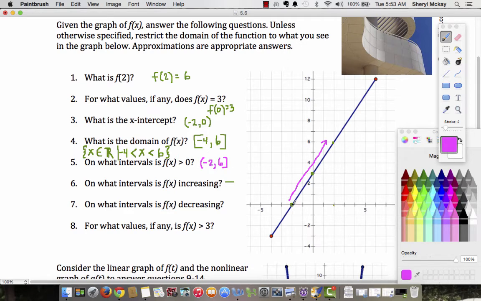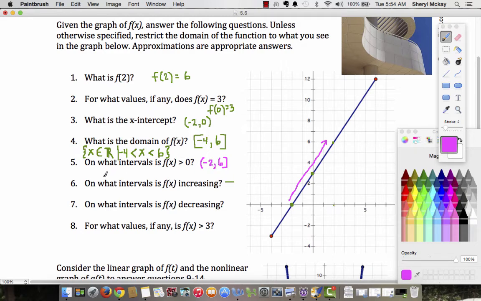So from here to here, -2 to 6 is where f of x is greater than 0, where the y value is greater than 0, okay? Not when x is greater than 0, but when the value of f of x, when it's plugged into the formula, is greater than 0, except that it doesn't include the -2, okay?